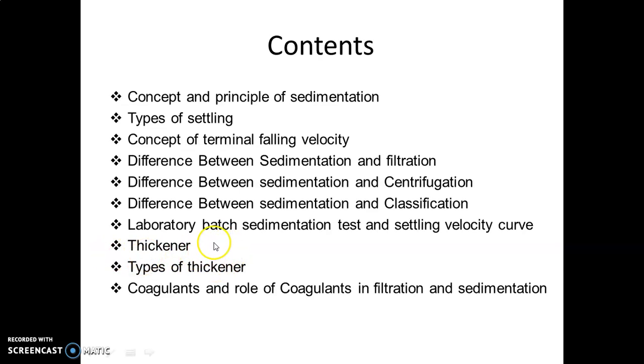Thickeners have two types, batch and continuous, which we discussed in previous lectures. And in today's lecture I discussed what is meant by coagulants and the role of coagulants in filtration and sedimentation. So up to this part you have these points for unit number 5, the sedimentation chapter.